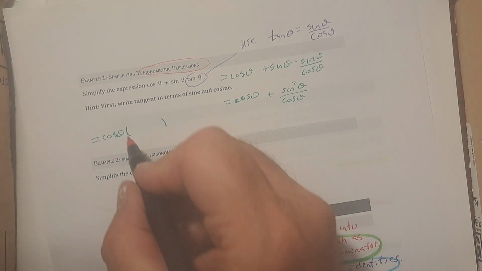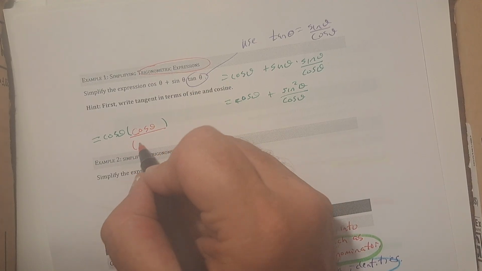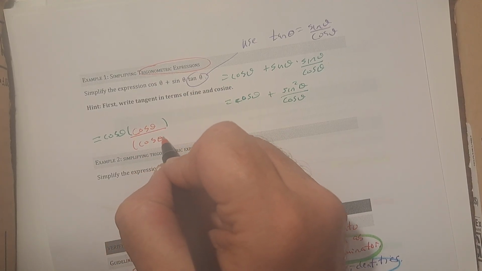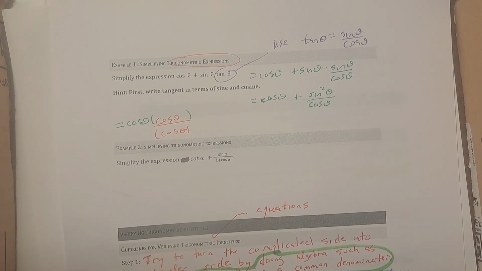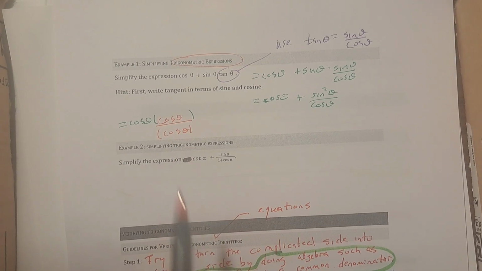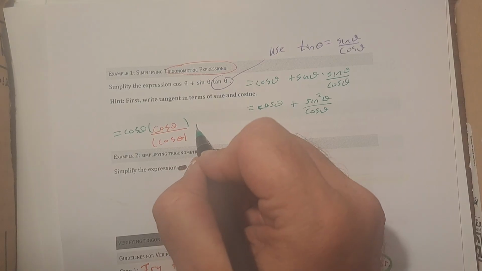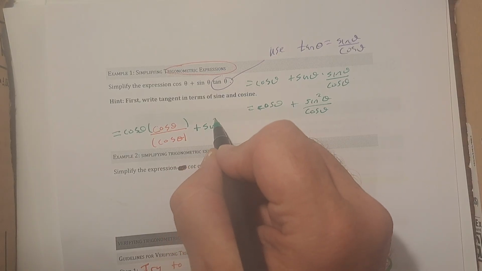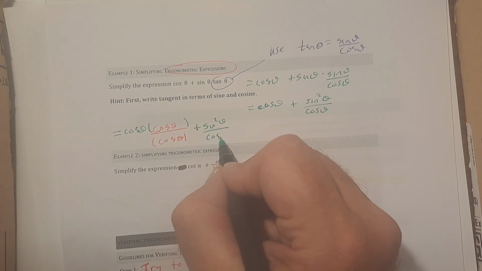The second oldest trick in math is multiplying by the number 1, because you don't change anything, but you're expressing the same thing differently. And then I still have plus sine squared theta over cosine of theta.